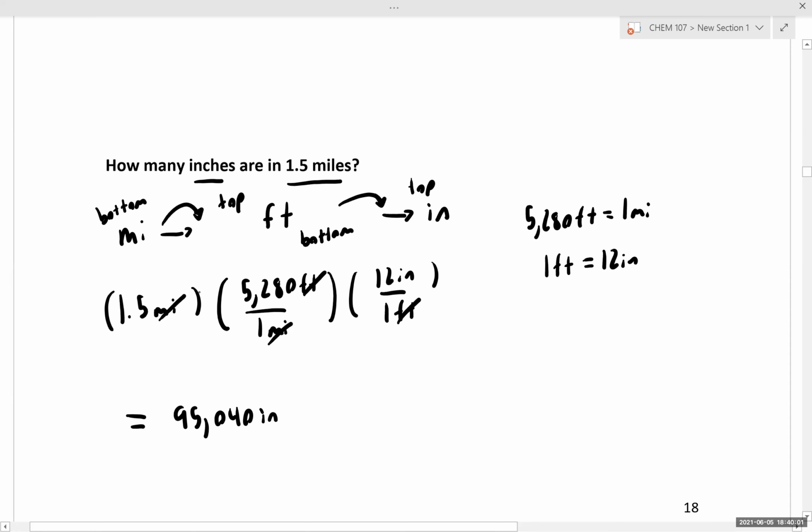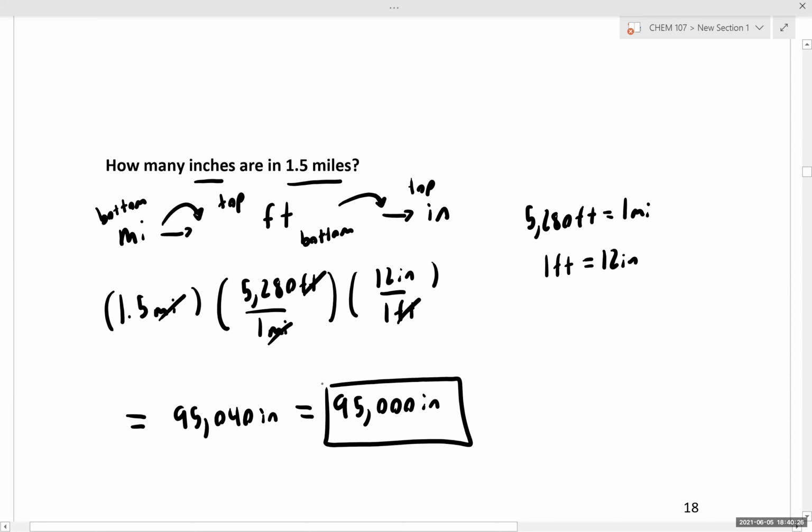Now looking at sig figs, and we'll talk about significant figures in a moment. Since our starting measurement has two sig figs, we're going to round this number to two sig figs. So this gives us 95,000 inches.